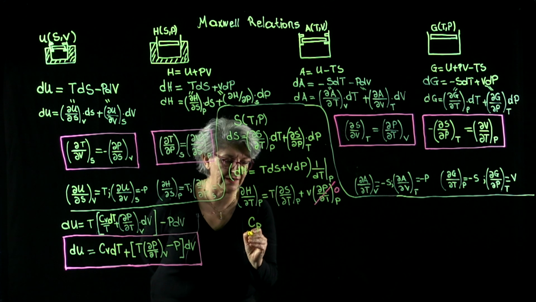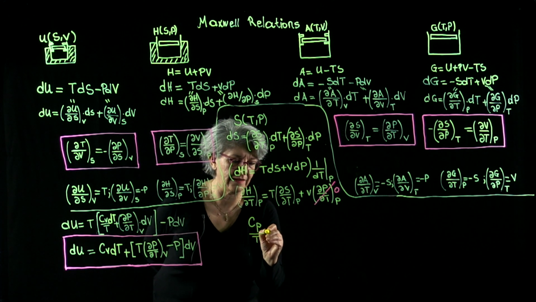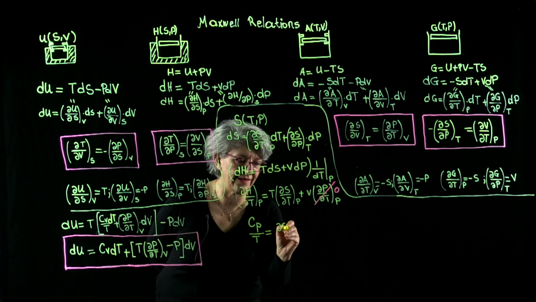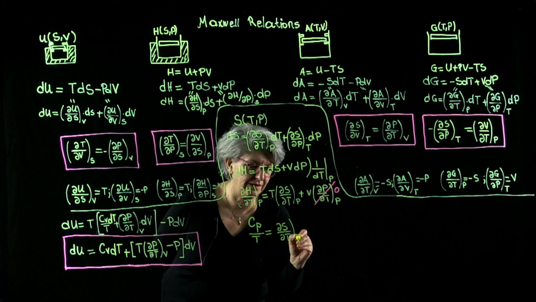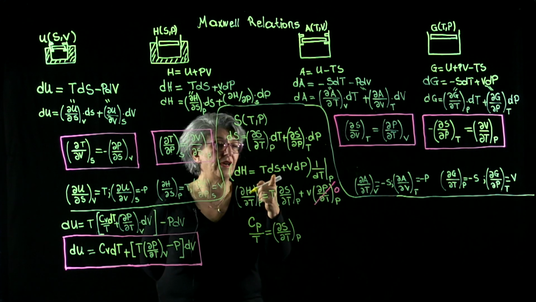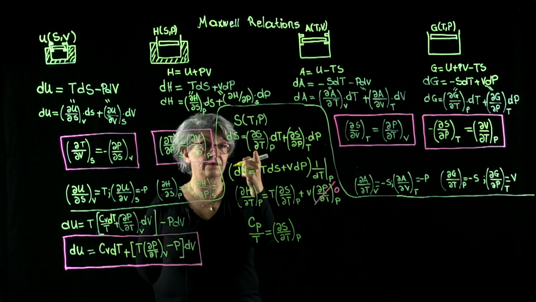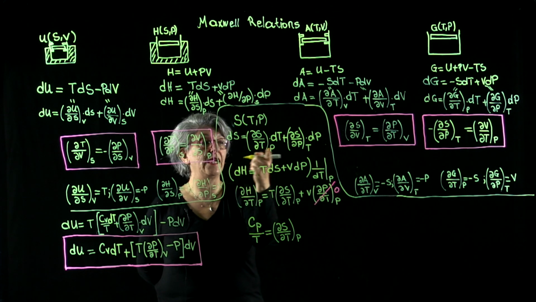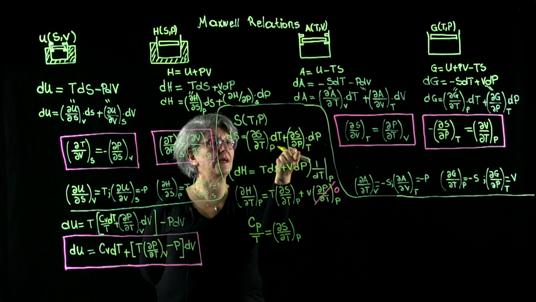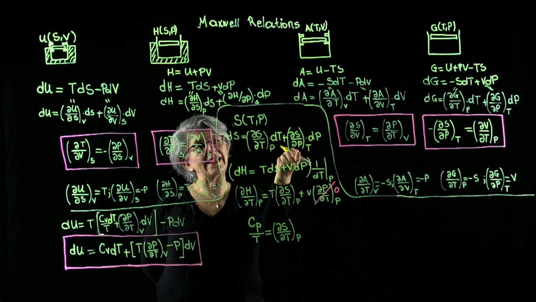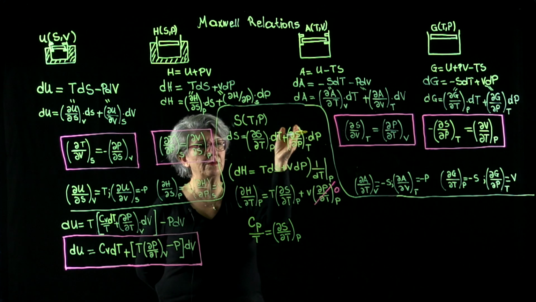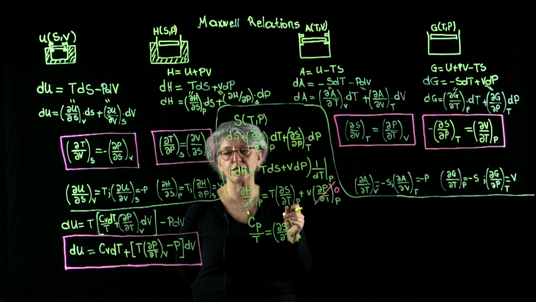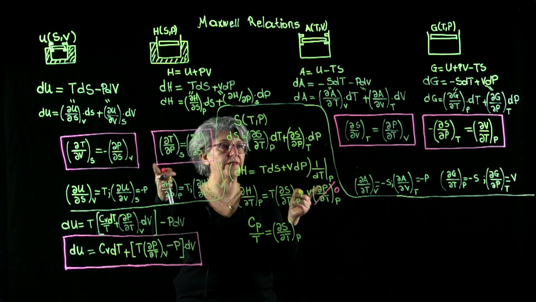I will bring that T here, it is equal to del S over del T at constant P. So I have this term, this term. And I have to find something that is going to take me from entropy-pressure-temperature domain to volume-pressure-temperature domain. So let's look for it from the Maxwell relationships.